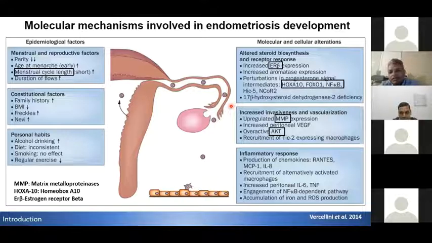So that is different in a way that I think they did not know the transcription factors.